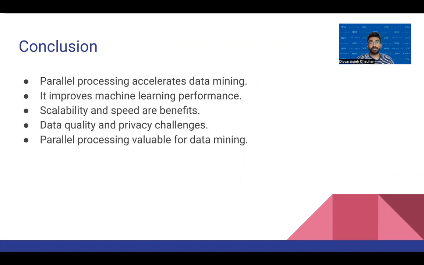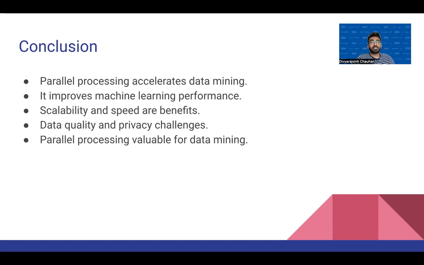It breaks down the computational load, and the training is done quicker and in an effective manner, which can improve the accuracy of resulting models. Also, there are scalability and speed benefits. It can handle large data sets and more complex algorithms, and reduces the time required to train models, enabling organizations to extract insights more quickly.